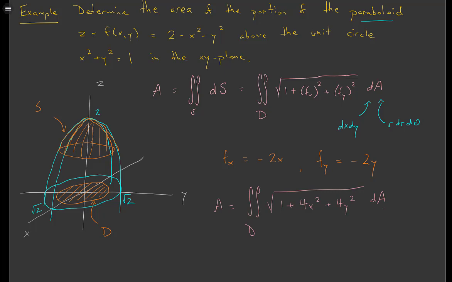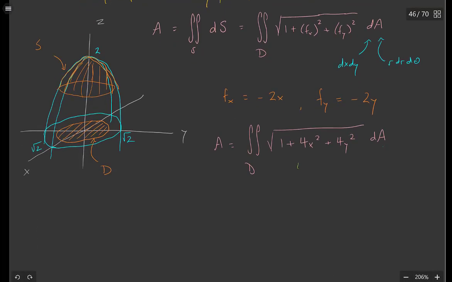So how should we set up that integral? Well, notice here that we could write this 4x squared plus 4y squared as 4 times x squared plus y squared, which in polar coordinates would just be 4r squared. Having noticed that, and the fact that we're integrating over a circular region, suggests that we should work in polar coordinates. So let's do that.